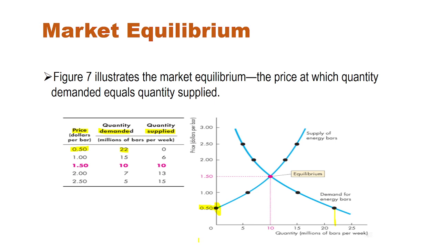At the equilibrium price in this case, $1.50, we have an equal number of demand and supply, 10 demanded and 10 supplied, and we achieve the equilibrium price when demand and supply equal each other.